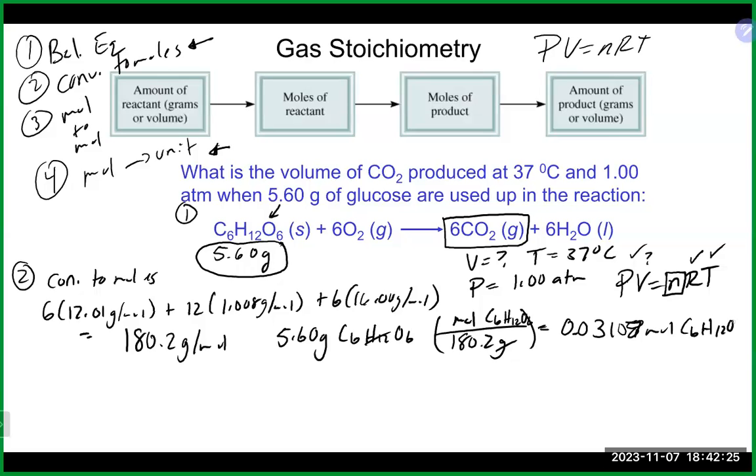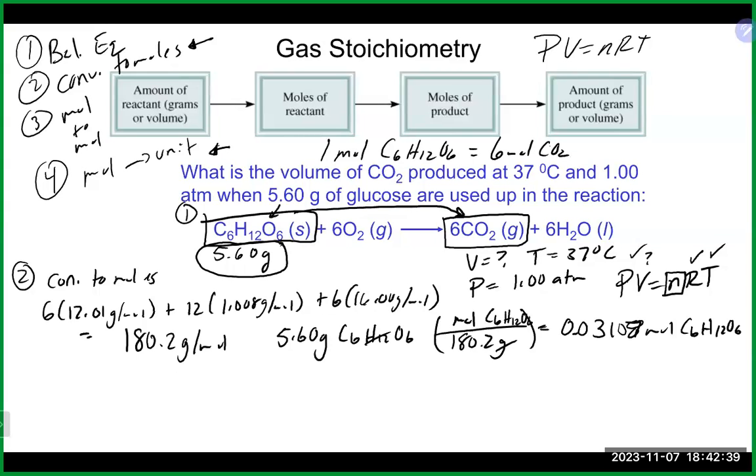Once again, here we're not interested in glucose. We want to go from glucose to our CO2. So from the equation, we can see 1 mole of our glucose will equal 6 moles of our CO2.